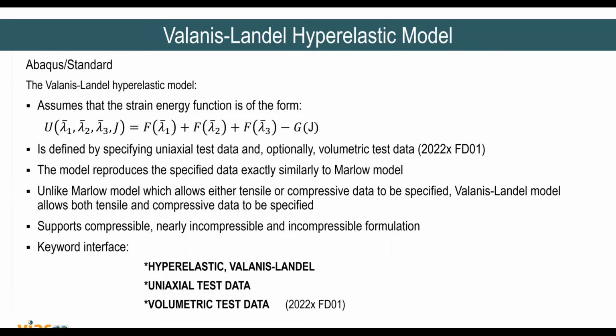In terms of the material, we have a new material model added, that is Valanis-Landel, and that is available in Abaqus Standard. It is a hyperelastic material model, and it could be used for any material which is nearly incompressible or compressible in nature, like rubber.